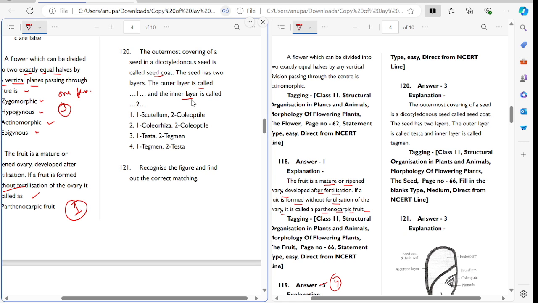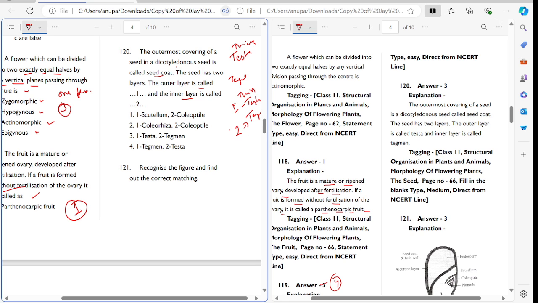So we have to find out the names of the layers of the seed coat. The outer layer of the seed coat is known as testa, whereas the inner layer is known as tegmen. Testa is usually a thick layer whereas tegmen is a thin layer. So in 1 there should be testa and in 2 it should be tegmen.